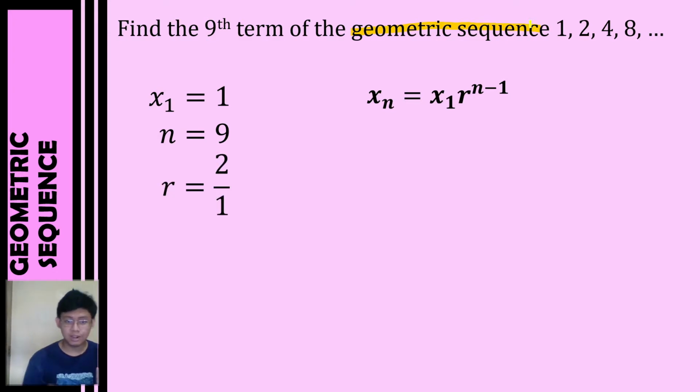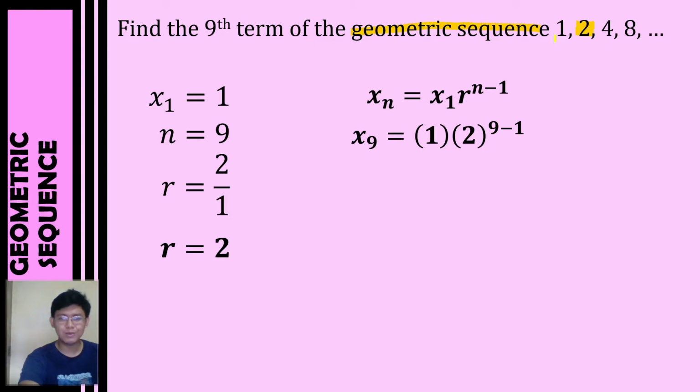Now, to get our common ratio, we will divide our second term by our first term. So 2 divided by 1, we will have r is equal to 2. That will be our common ratio. So let's substitute this into our formula. x sub 9 is equal to 1 times 2 raised to 9 minus 1.